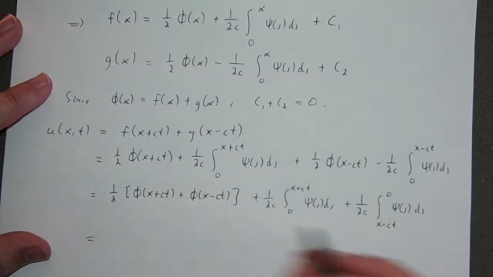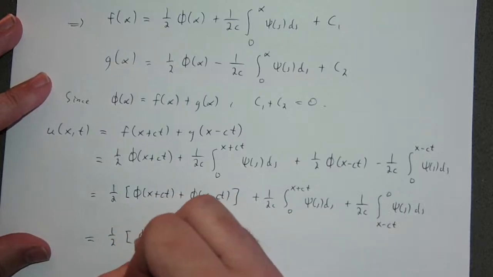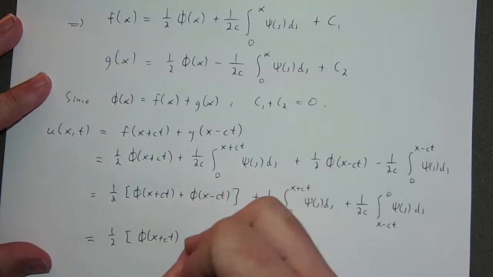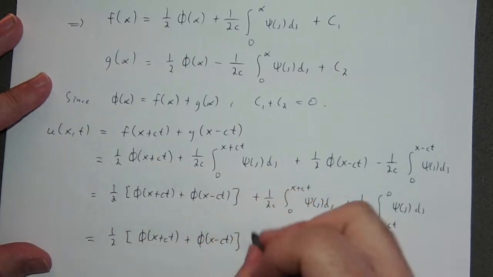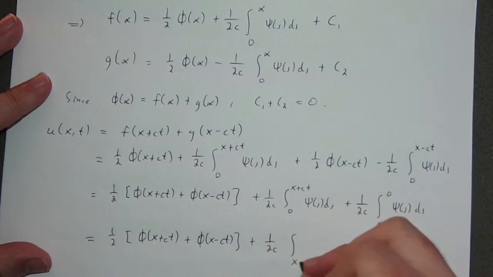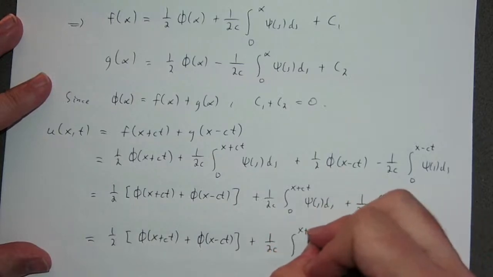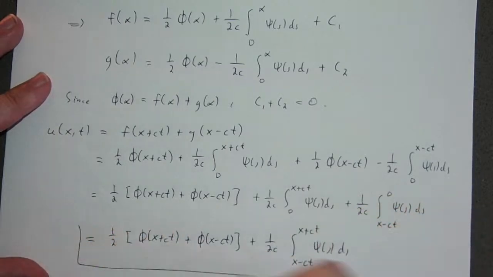So combining these now, this is 1/2 times phi of x plus ct plus phi of x minus ct plus 1 over 2c times the integral from x minus ct to x plus ct of psi of s ds.